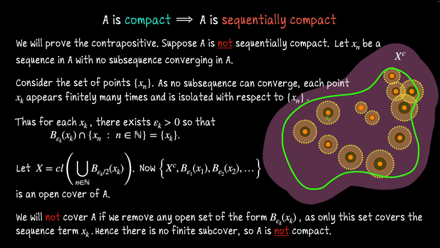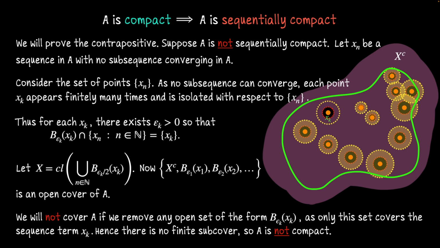However, we will not cover A if we remove any of the open sets designed to cover a sequence term, because each sequence term is only covered by its own neighborhood. So we need all of them, and they are infinitely many. For example, if I removed the one around the labeled point, I'm no longer covering the sequence term x sub k.